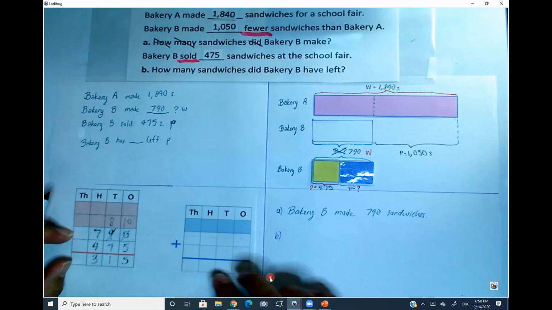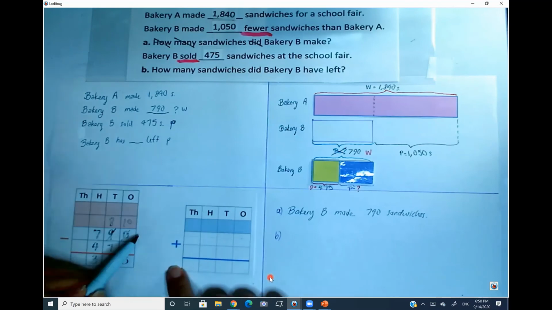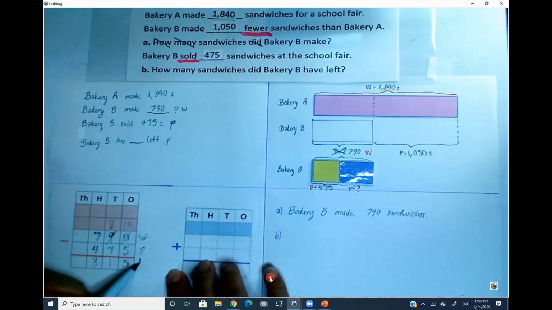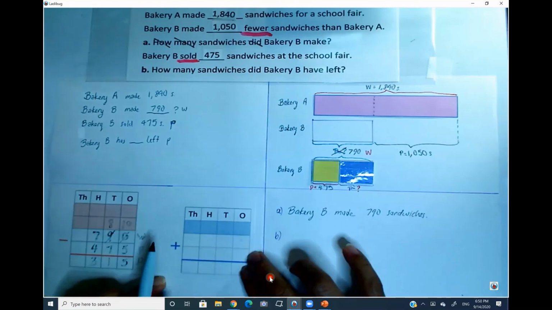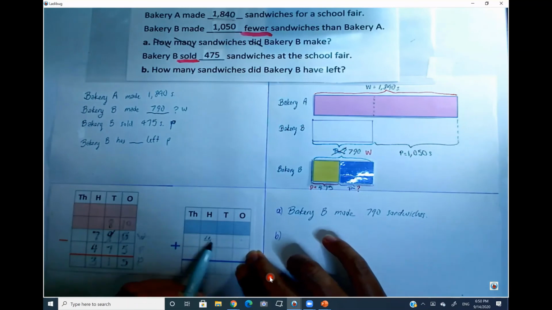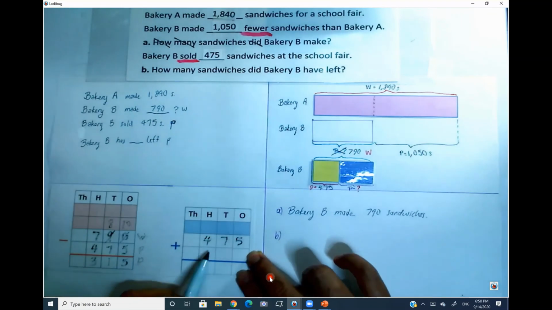Now remember, to prove the answer, I'm going to add. This is the whole, this is the part, and this is the part. I'm going to add the 2 parts to see if I can get the whole. And this is how we check that our subtraction is right. So I'm going to put 475 plus 315.